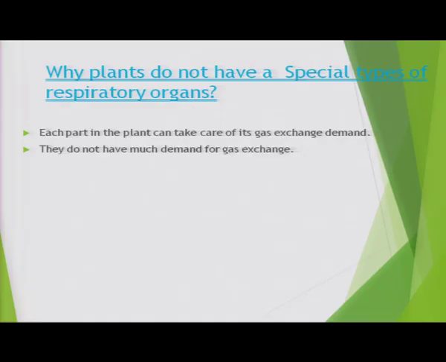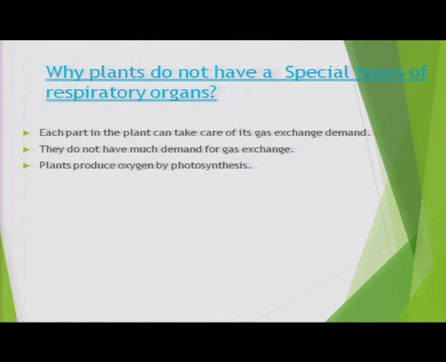The second point is they do not have much demand for gaseous exchange, because respiration requires oxygen. This oxygen need is fulfilled by the photosynthesis product. In that case the carbohydrate molecule is formed and oxygen acts as a byproduct. Carbon dioxide combines with water to form carbohydrate, water and oxygen. So, the oxygen demand for respiration is already met in the plant with the help of photosynthesis.